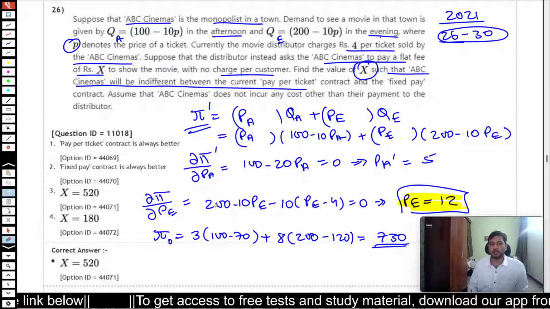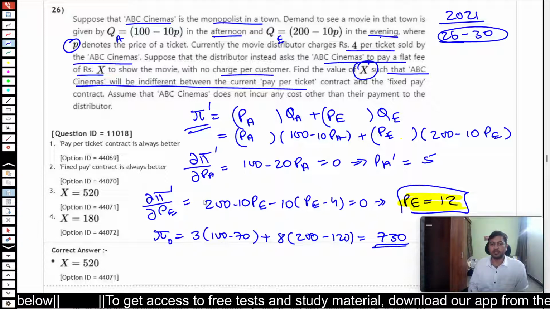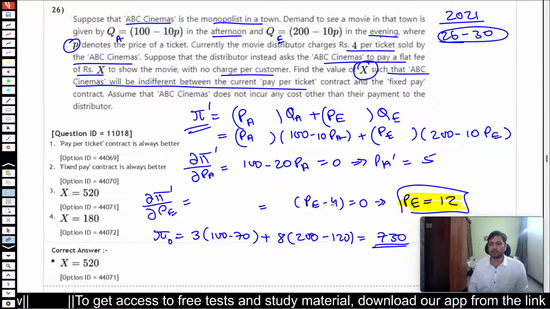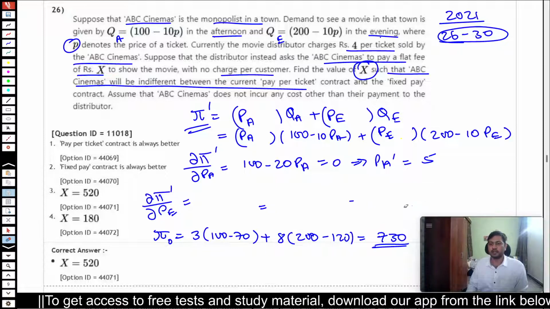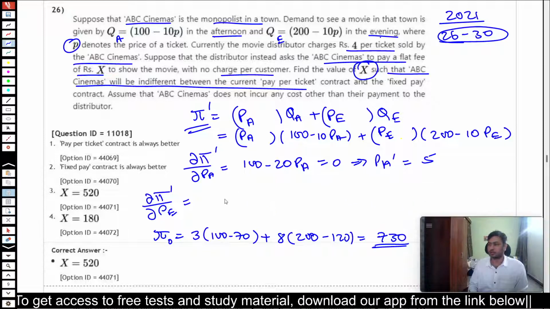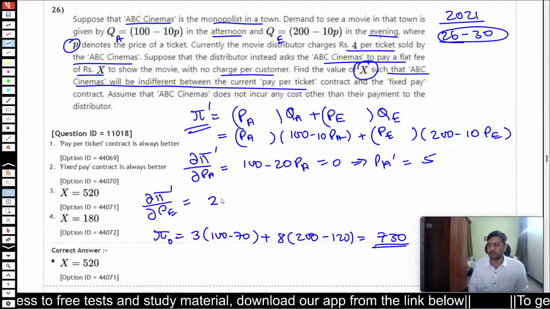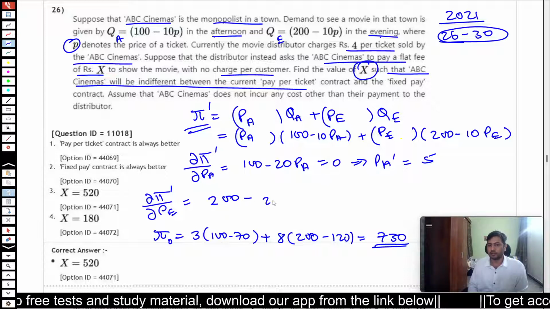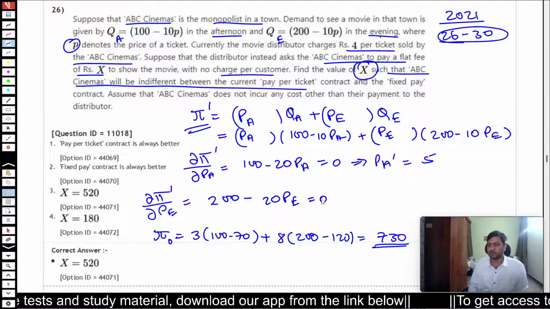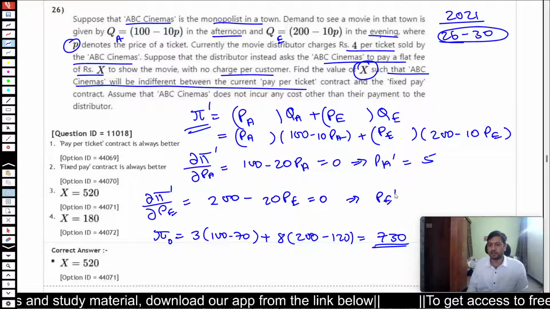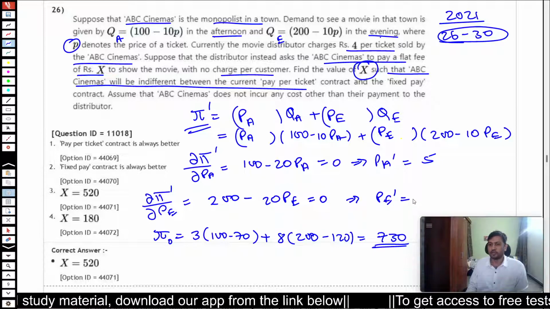And similarly, for del pi prime by del PE, the equation I would be getting is 200 minus 20 PE is equal to 0, which implies PE prime must be equal to 10.